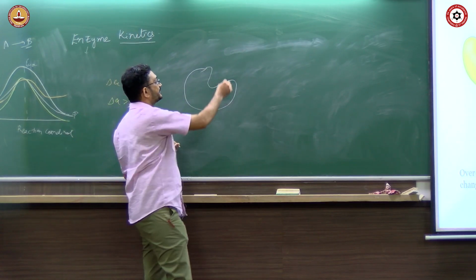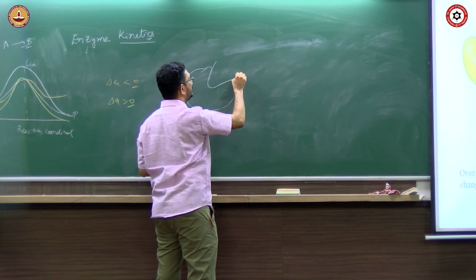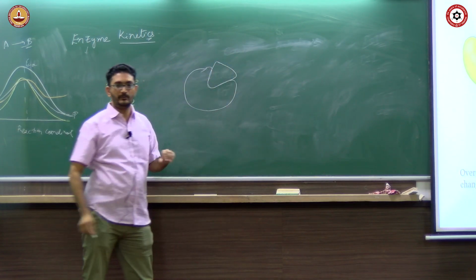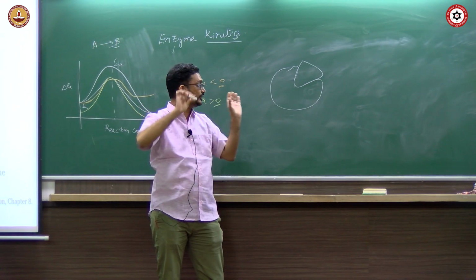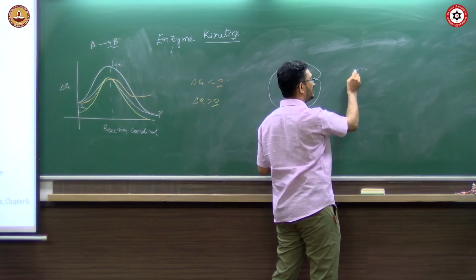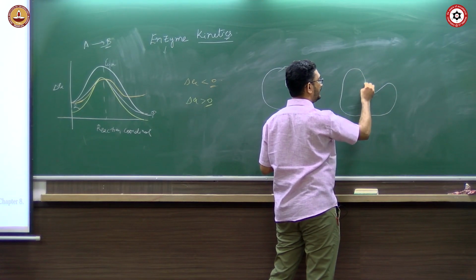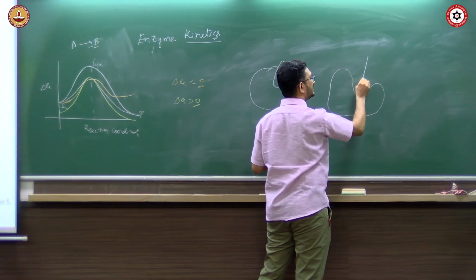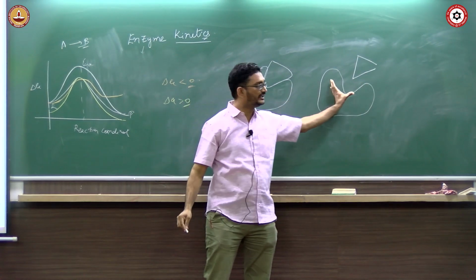Either there is a substrate that exactly fits into it, which is called the lock and key model, that means you have a lock and a key that exactly fits, or there is another model which a lot of people are agreeing to. Suppose this is a substrate, and it will not exactly fit in here, as it has a slightly different shape.